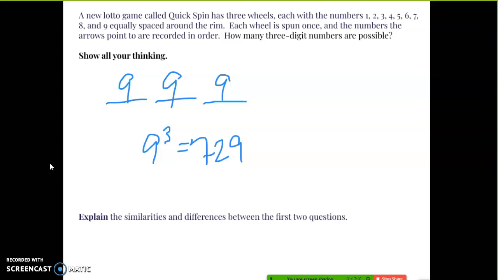What are the similarities and the differences between the first two? The similarity is that there are 3 decision points for each one. There's 3 digits.